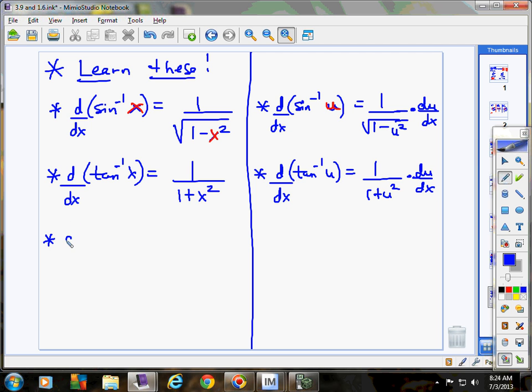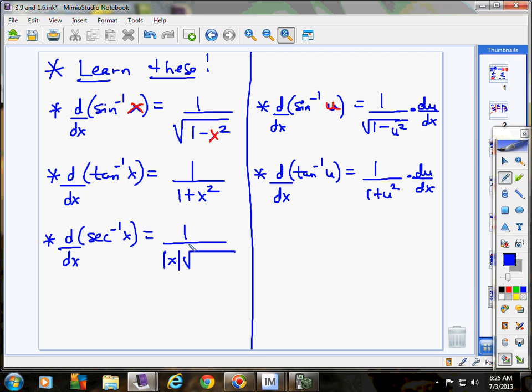Okay, the last one you need to know is inverse secant. You're going to be glad you memorized these if you take, even at the end of Calculus 1, but also in Calculus 2, if you take that class. All right, inverse secant is, if you look in your book, absolute value of x outside the radical.